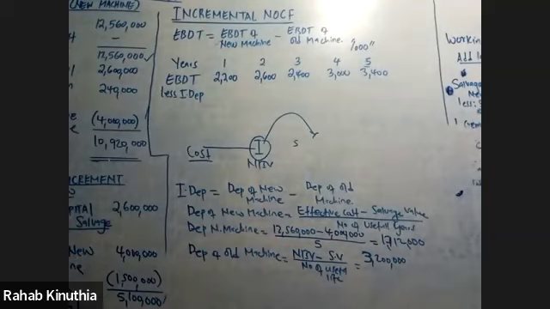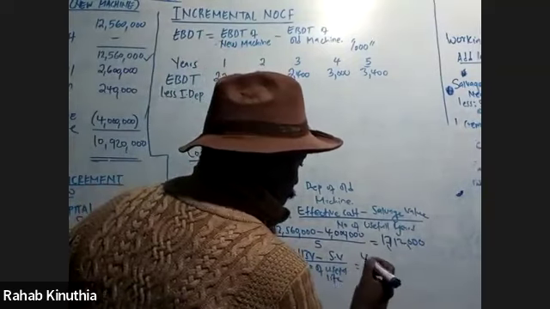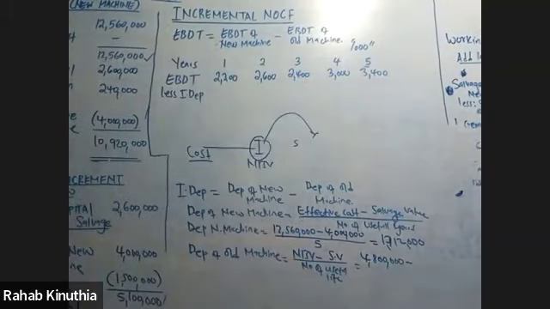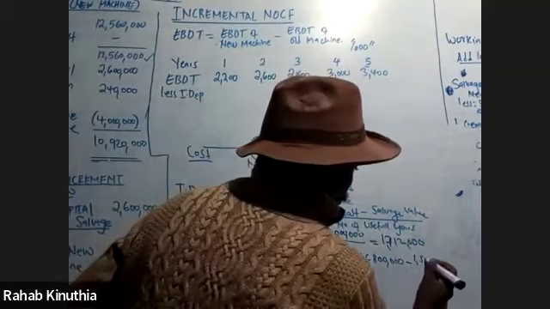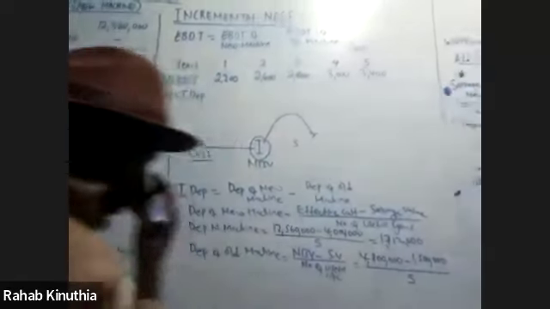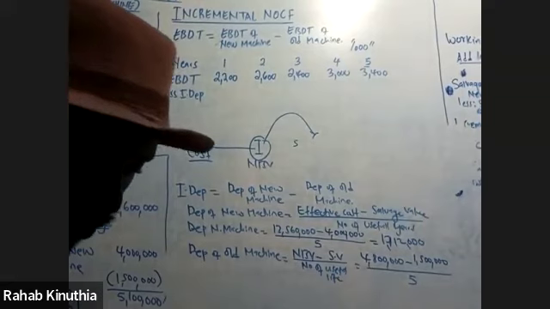It was 3.2 or 4.8. Someone to confirm for me. This is supposed to be 4.8. We minus our salvage value, which is 1.5. Then you divide by 5. So the old machine was estimated to have an extra 5 years in total. So itakuwa ngapi?